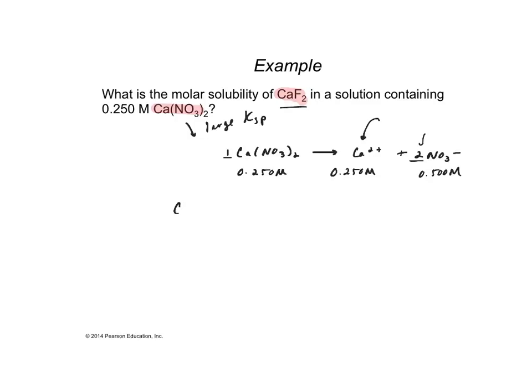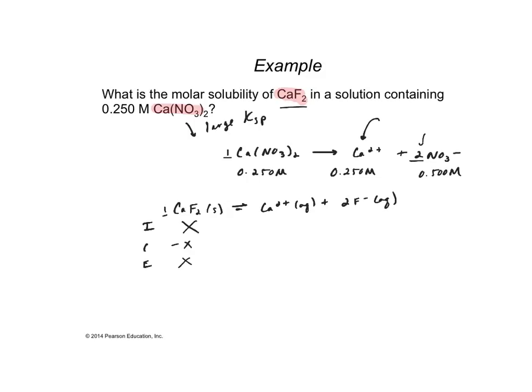So now I'm going to take my calcium fluoride solution, and I'm going to write out the expression for it. So calcium ions plus 2 fluoride ions. And I'm going to go ahead and draw my little ICE table here, okay? So again, we don't care about the solids, and I am going to represent this change as a minus x, because there's a 1 here.